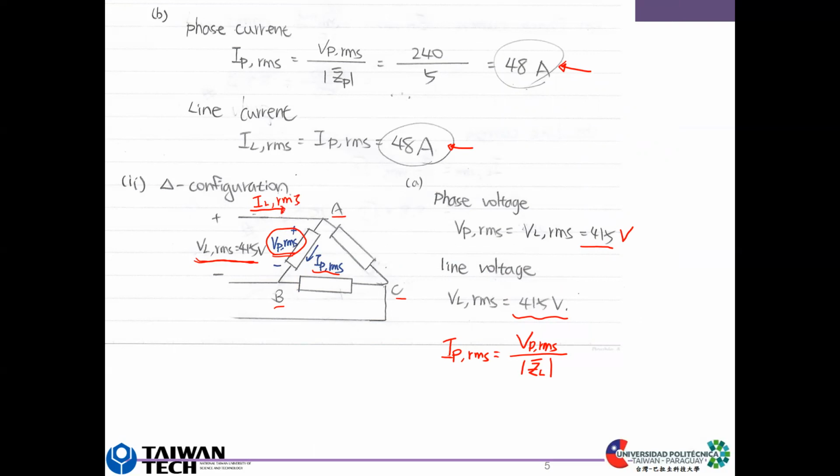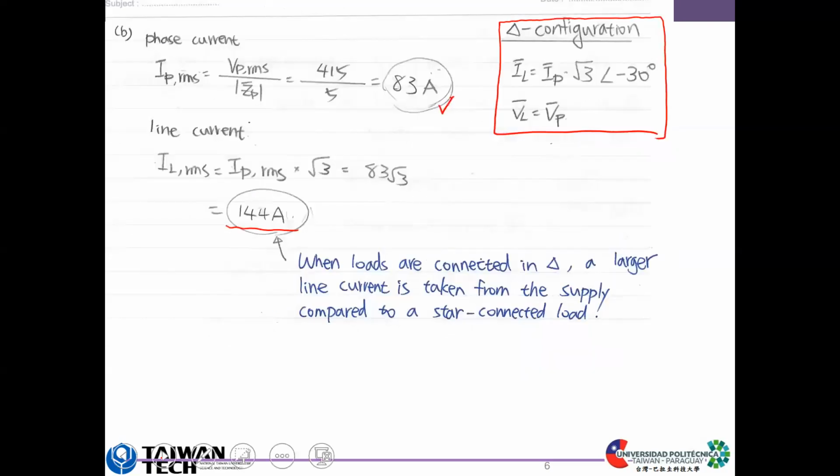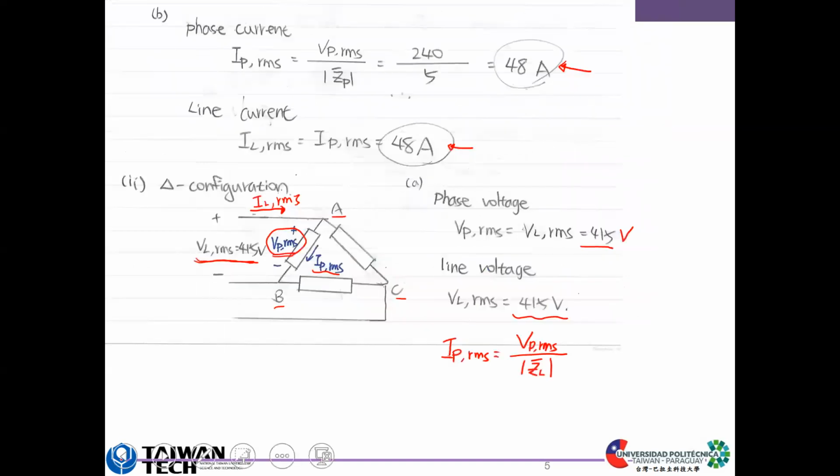One thing we can notice is that the Y configuration and delta configuration are connected to the same load, which is 415 volts in RMS value. But when loads are connected in delta configuration, it generates a larger line current compared to Y configuration.